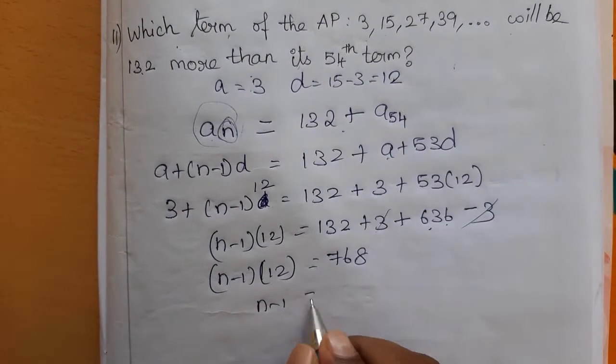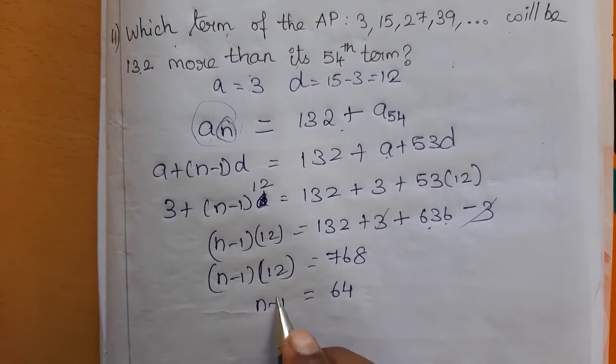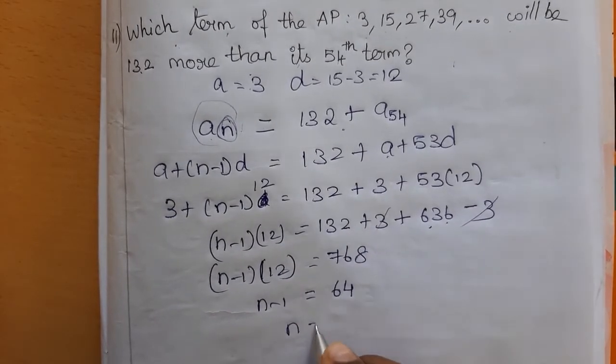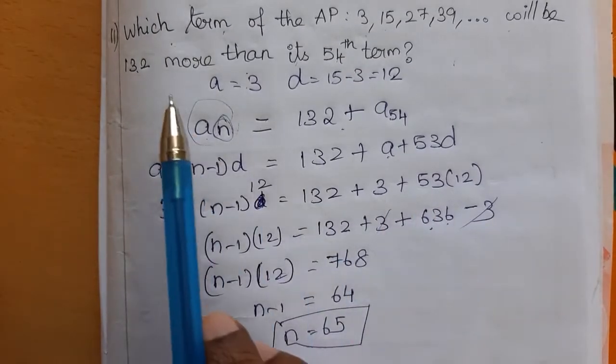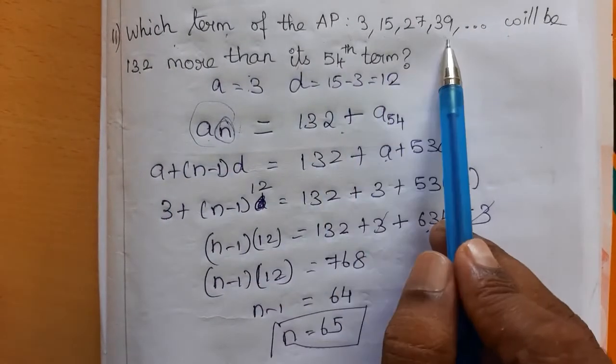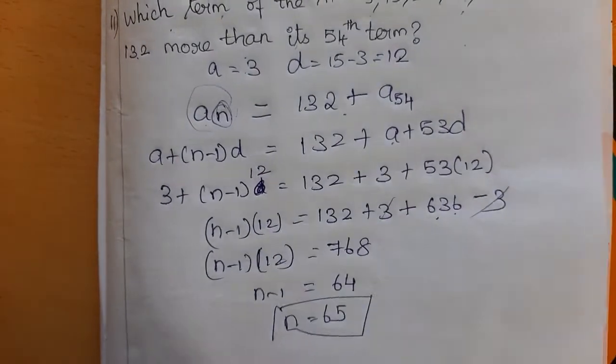So n minus 1 is equal to 64. If you bring 1 here, it will become a plus. So n is equal to 65. So the 65th term of this AP will be 132 more than its 54th term.